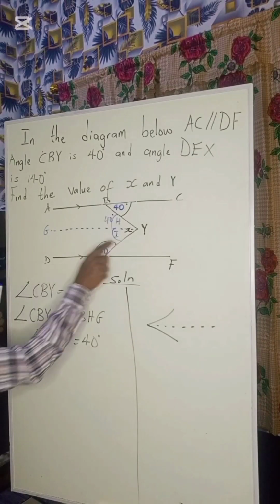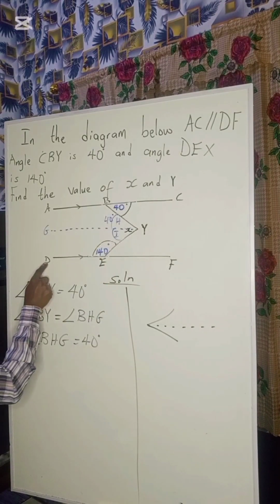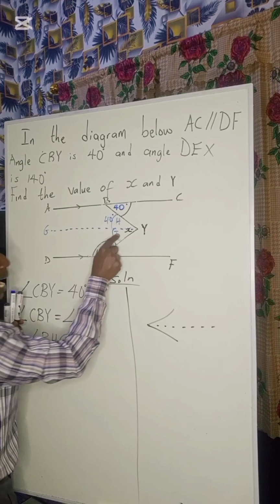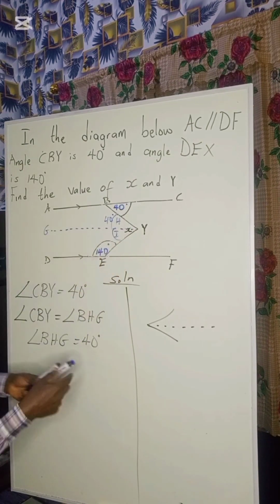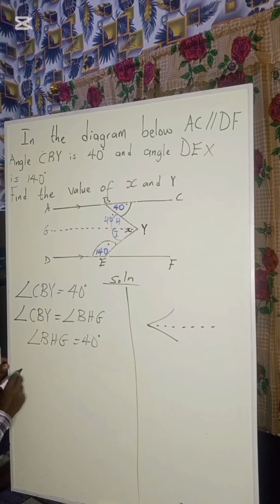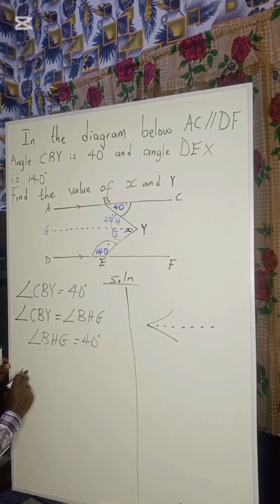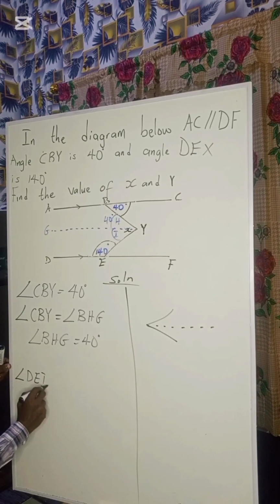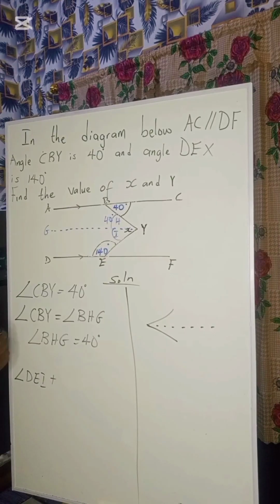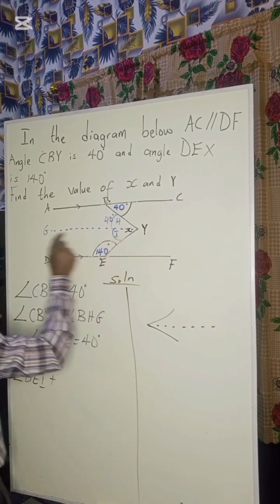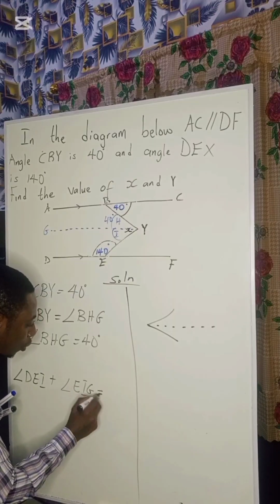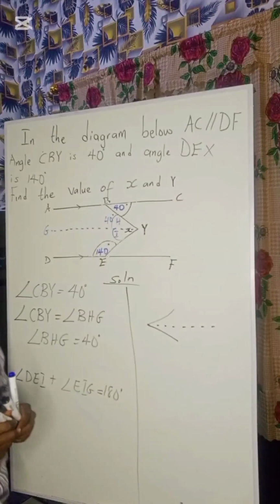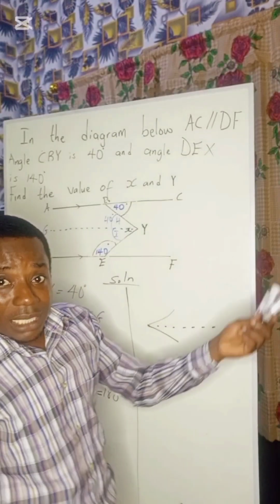Let's look at the names of these angles. This angle is DEI. It's no more x, it's I, because we have split the x. So angle DEI plus angle EIG should be equal to 180 degrees, because co-interior angles sum up to 180 degrees.